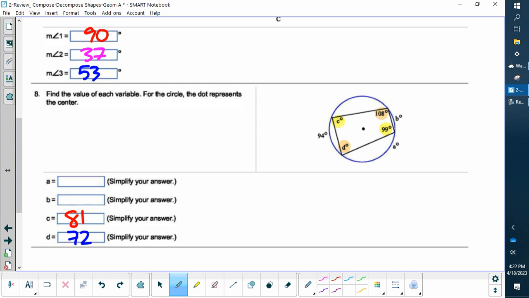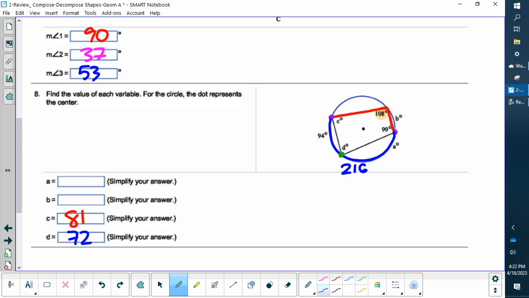Okay, now let's figure out what some of these angles are. And I think it has to do with inscribed angles. So I'm going to focus on this inscribed angle. Okay, so I notice from here to here, if that's inscribed, then the arc here that it intercepts has to be twice as big. And so this whole thing has to be 216.